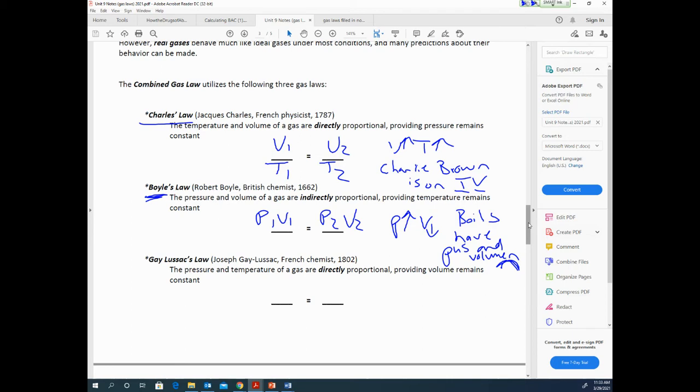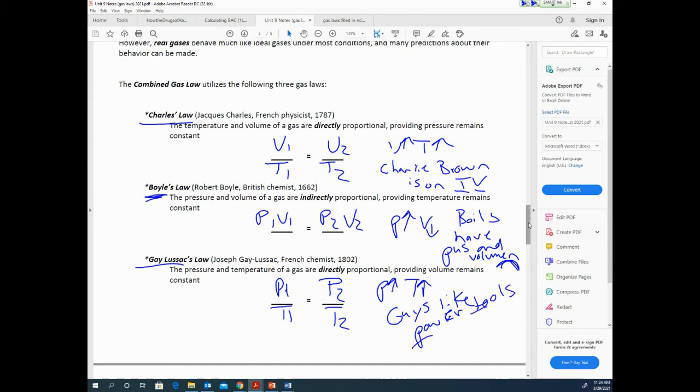And lastly, Gay-Lussac's law dealt with pressure over temperature, so P1 over T1 equals P2 over T2, and they were also directly proportional, meaning if one goes up, the other goes up. So if pressure goes up, then temperature must have gone up as well. A cutesy way to remember Gay-Lussac's law is: guys like power tools.